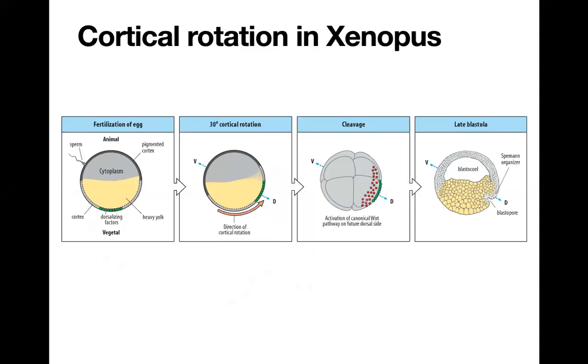So what you're looking at in the leftmost panel is the Xenopus embryo just at the point of fertilization, okay? And you can see at the bottom there are these green cells. You can see this sperm entry point.